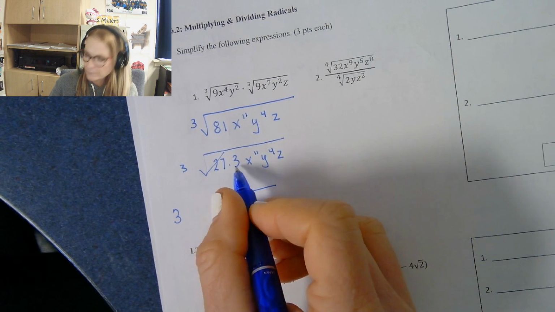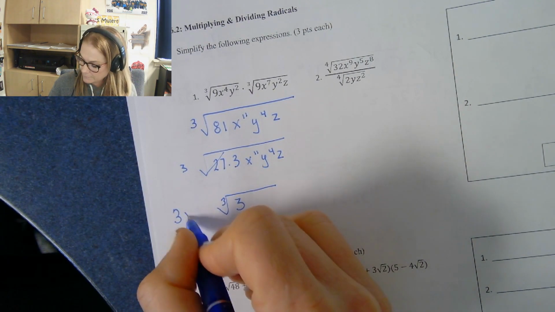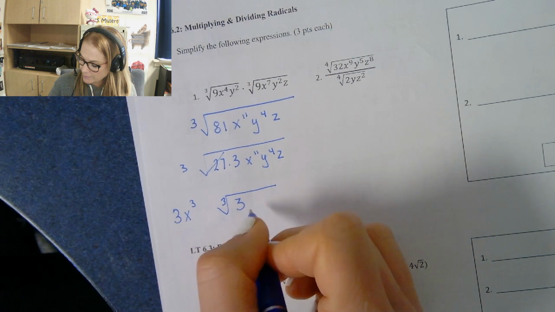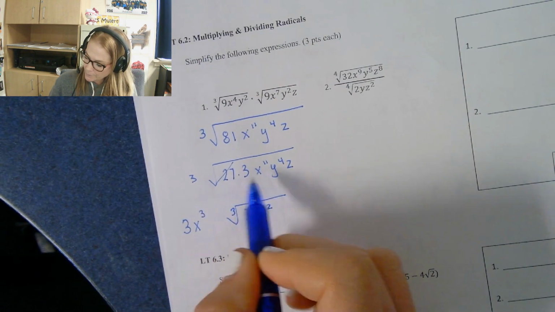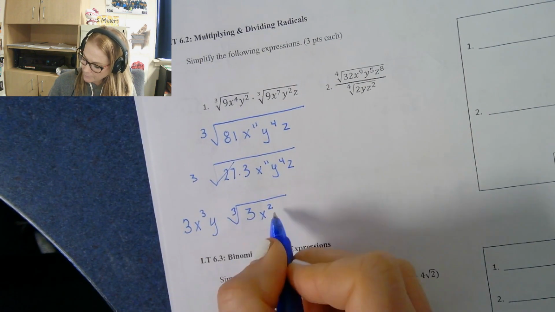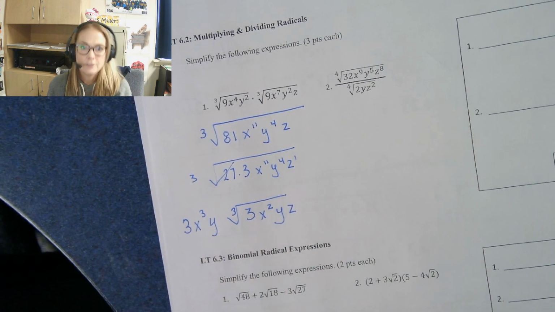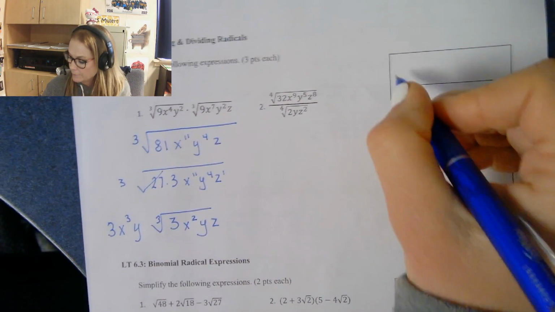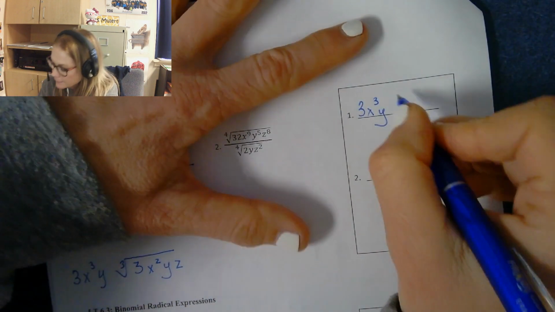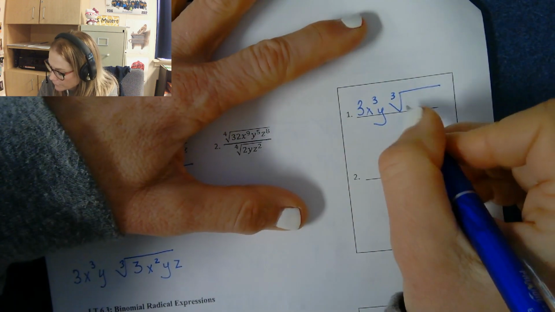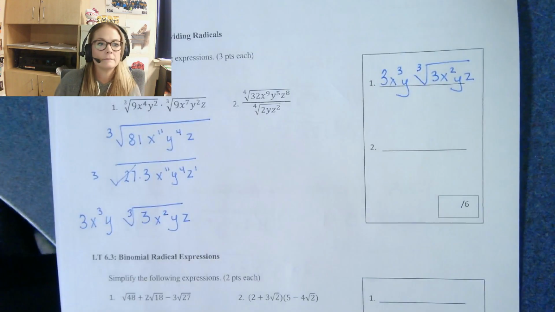The other 3 remains underneath the cube root. 3 goes into 11 3 times with a remainder of 2. 3 goes into 4 1 time with a remainder of 1, and 3 can't divide into z to the 1st. So this first blank should be 3x cubed y cubed root of 3x squared y z.